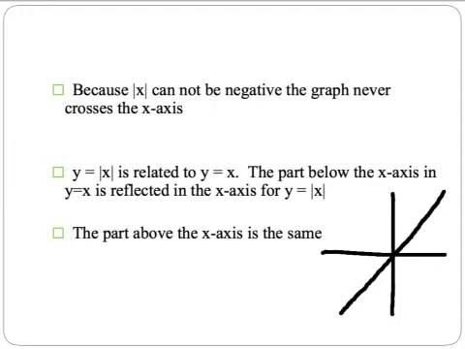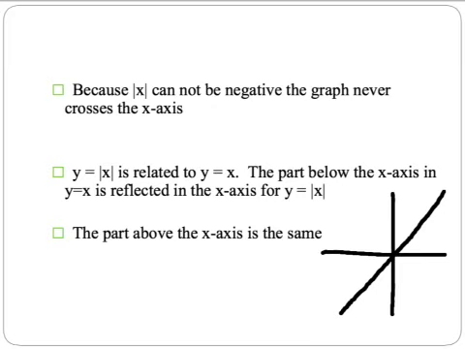So they're related in the fact that the part below the x-axis in y equals x is reflected in the x-axis. The part above the x-axis is the same. So the graph of y equals the absolute value of x is going to look similar to this, except for the fact that this part down here will be reflected in the x-axis and be there.